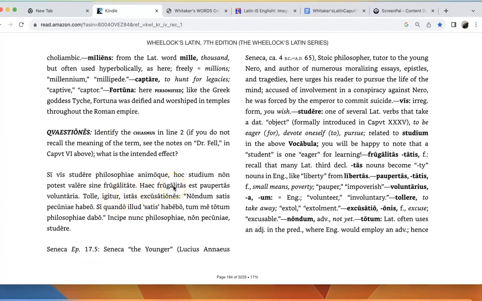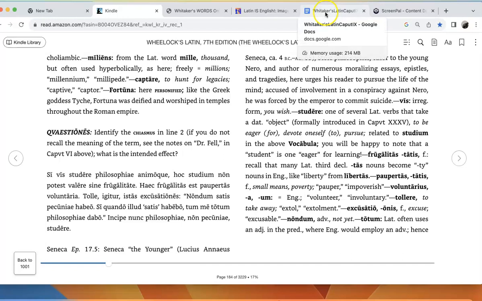This frugality. So frugality is feminine. In fact, they actually give us a lot of good vocab over here. So for this frugality, we're going to use the feminine form of hic, haec, hoc, huius, huius, huius, huic, huic, huic. All right, so we've got to learn these things. So haec. So this frugality.